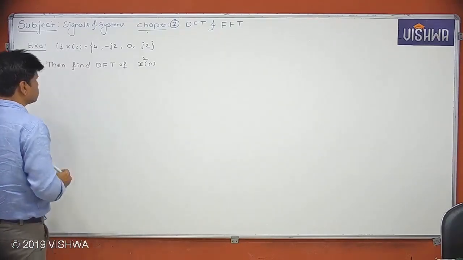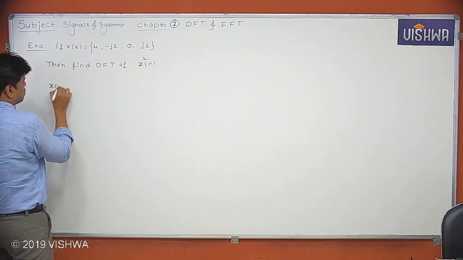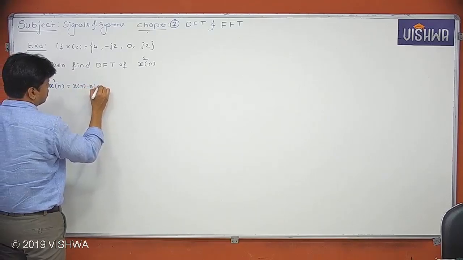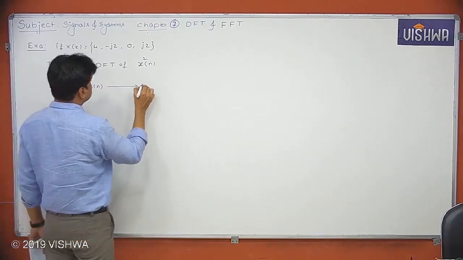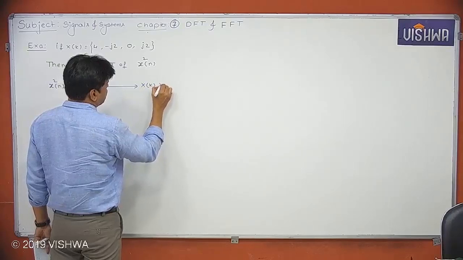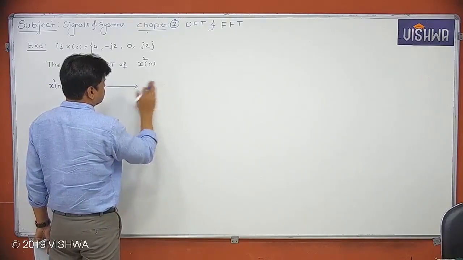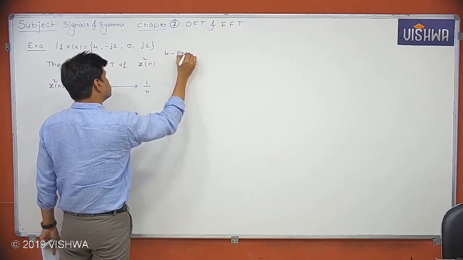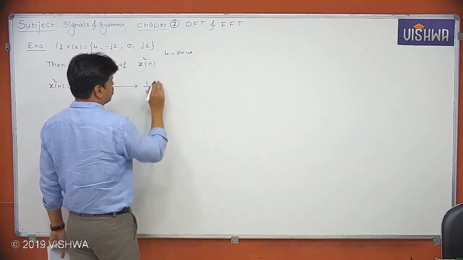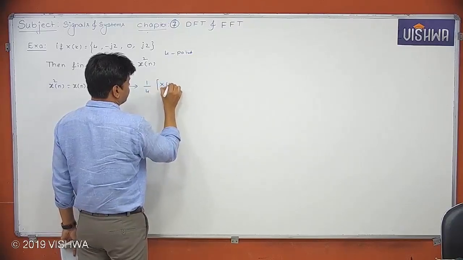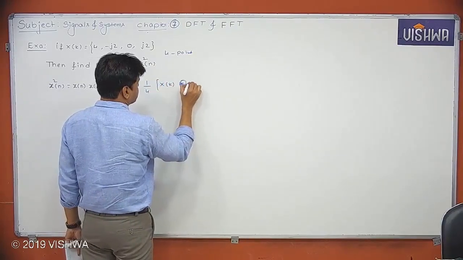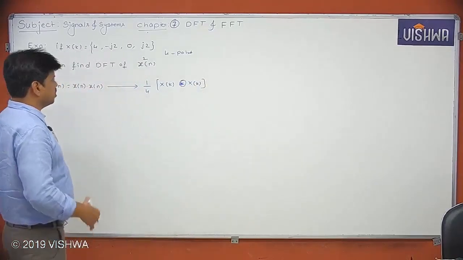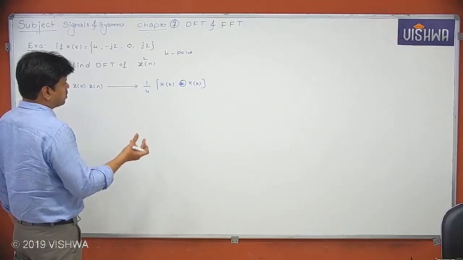Listen here, x of n squared means x of n multiplied with x of n. So this has the DFT which is X of k circular convolution with X of k, and there is a 1 by 4 because it is a 4-point DFT, because X of k is periodic. Now first find the circular convolution, then divide by 4.